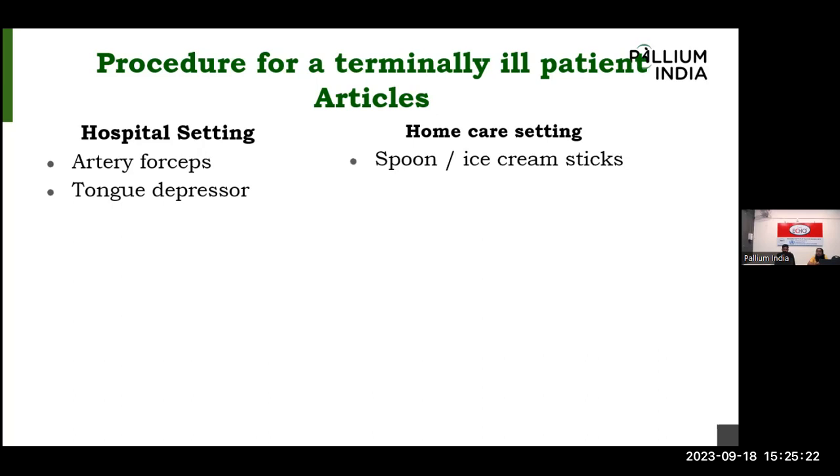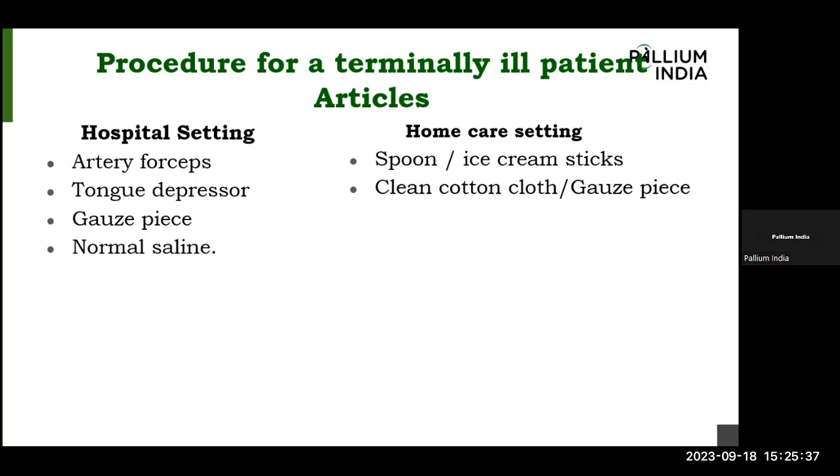But in the home care setting, we can use a spoon, or you can use ice cream sticks and a gauze piece. In the hospital settings, we have a gauze piece, but in home care settings, if they don't have a gauze piece, then you can use a clean cotton cloth. And normal saline: within the hospital we have normal saline, but you can make homemade saline at home.